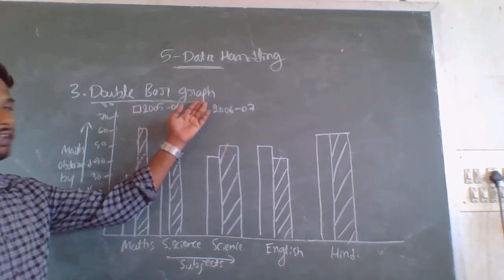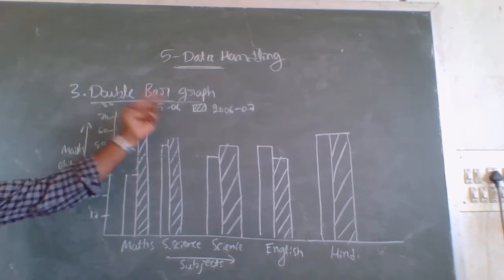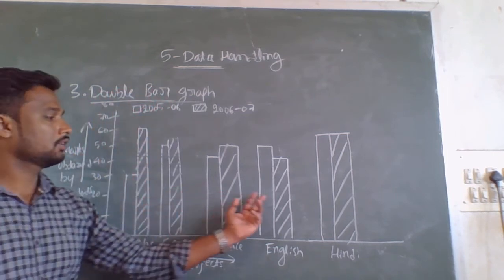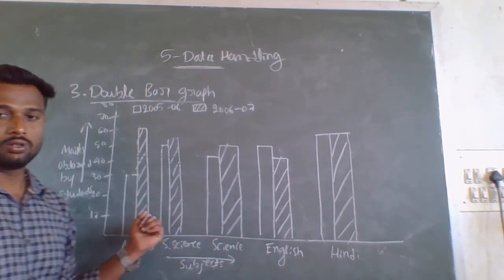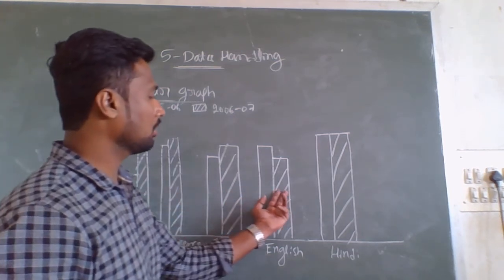A double graph always shows, as the name indicates, two sets of data simultaneously. It is useful for the comparison of the data. Here we can compare data or information.